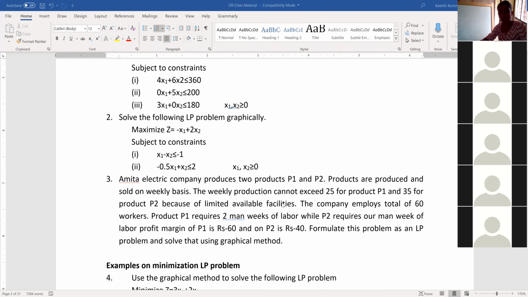Product P1 requires 2 man-weeks of labor, while P2 requires 1 man-week of labor. The profit margin for P1 is 60 and P2 is 40. Formulate this into an LP model and use the graphical method. So that is what is given to us.